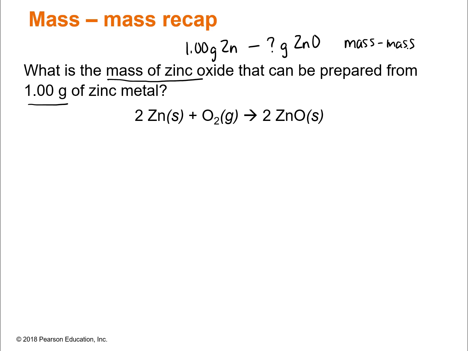The way that we solve mass-to-mass stoichiometry problems is this, and this is the generic form. Starting with your grams of A, you have to get to moles. You need the molar mass to do that.